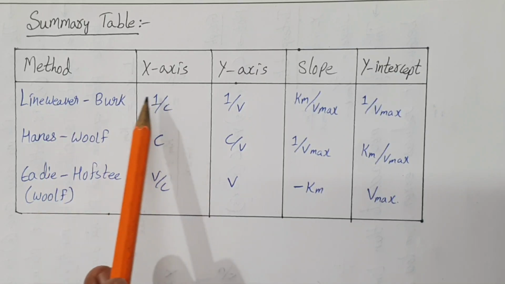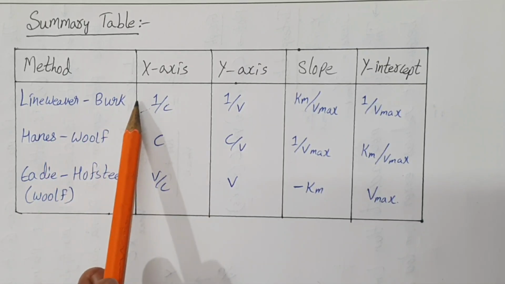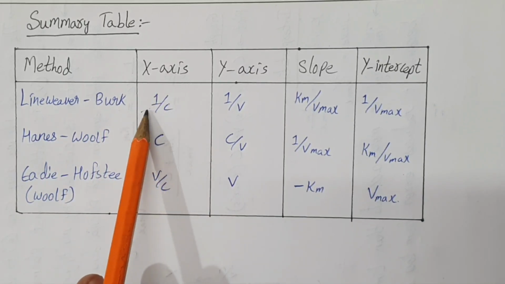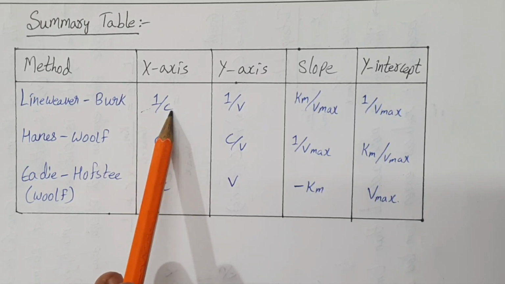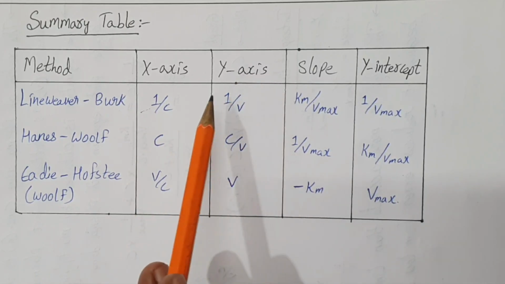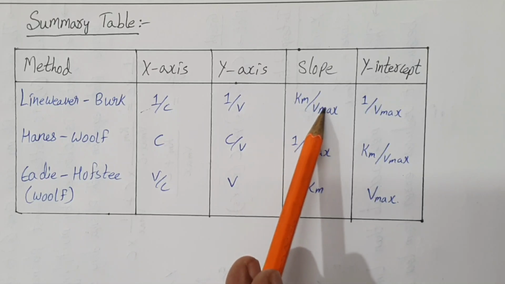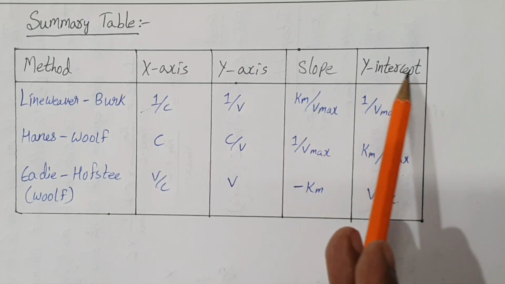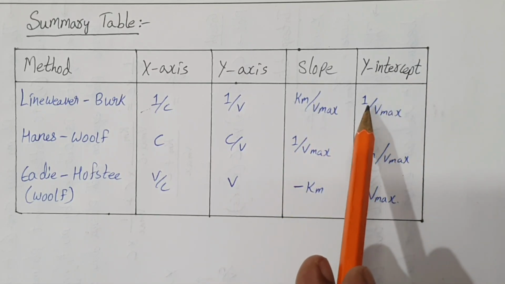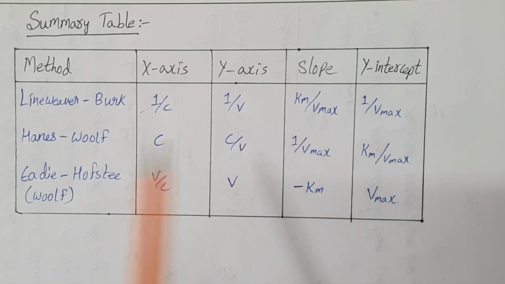First, in the Lineweaver-Burk plot, on the x-axis we take 1 by C and on the y-axis 1 by V; slope is Km divided by Vmax and y-intercept is 1 divided by Vmax.